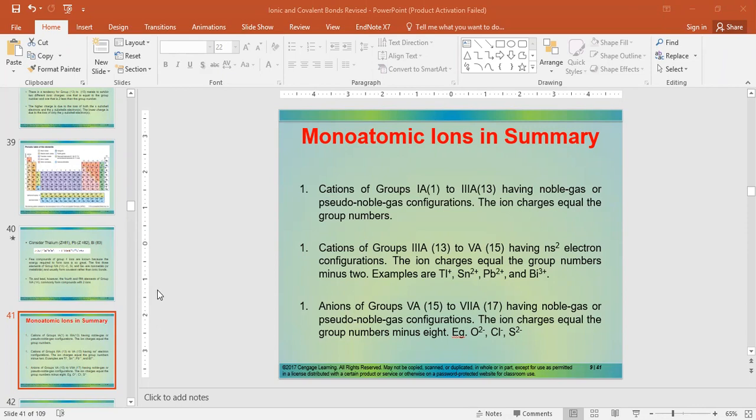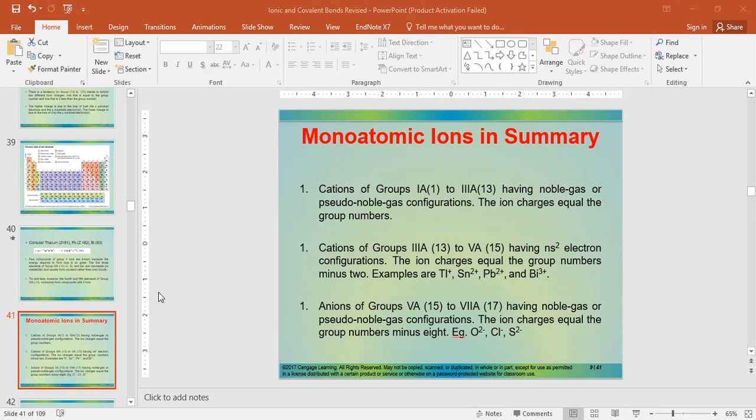So you said it only loses 2 electrons. Does it only lose 2 electrons, or can it also lose 4 electrons? It can lose 2 electrons to form 2 plus. It can lose 4 electrons to be 4 plus.